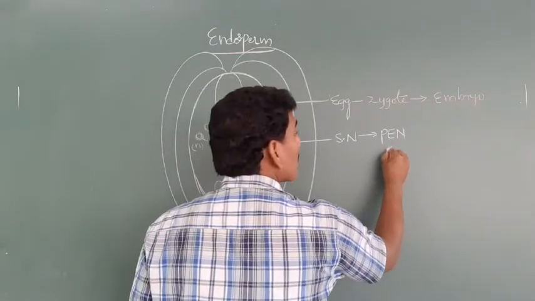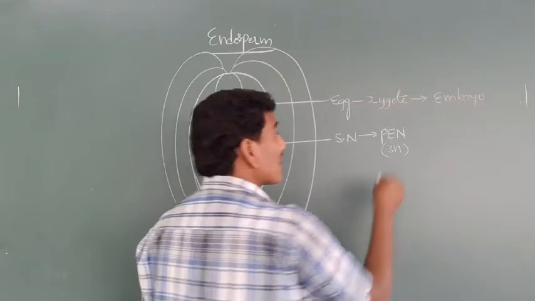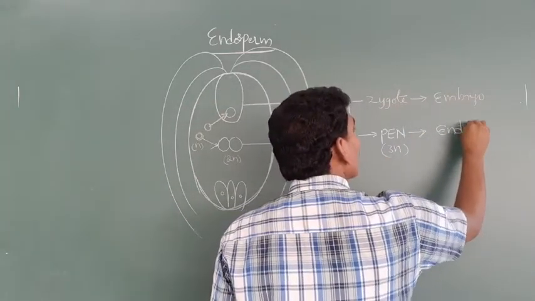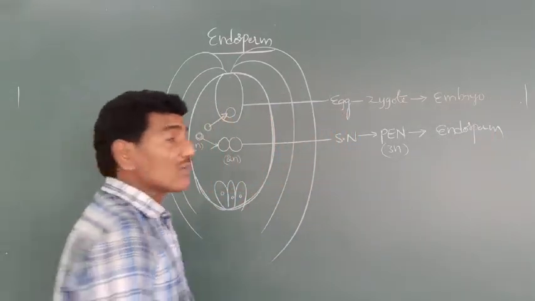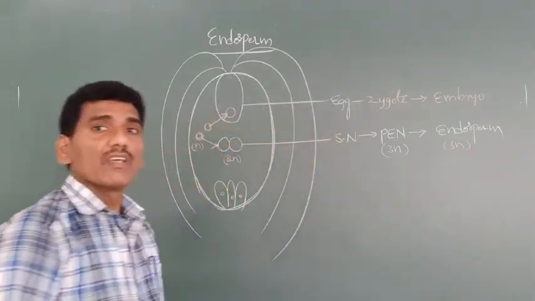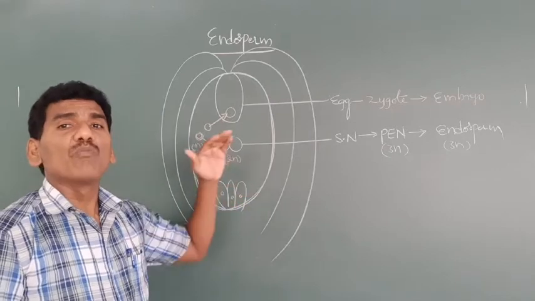The ploidy of the primary endosperm nucleus is triploid. Later, the primary endosperm nucleus is converted into endosperm. The ploidy of the endosperm is also 3N. In this way, endosperm is developed inside the embryo sac.